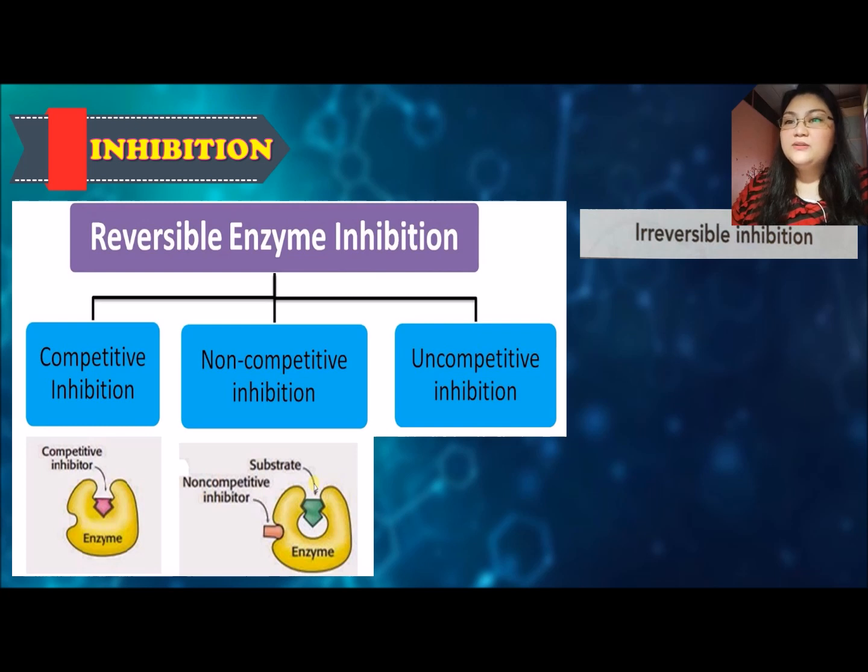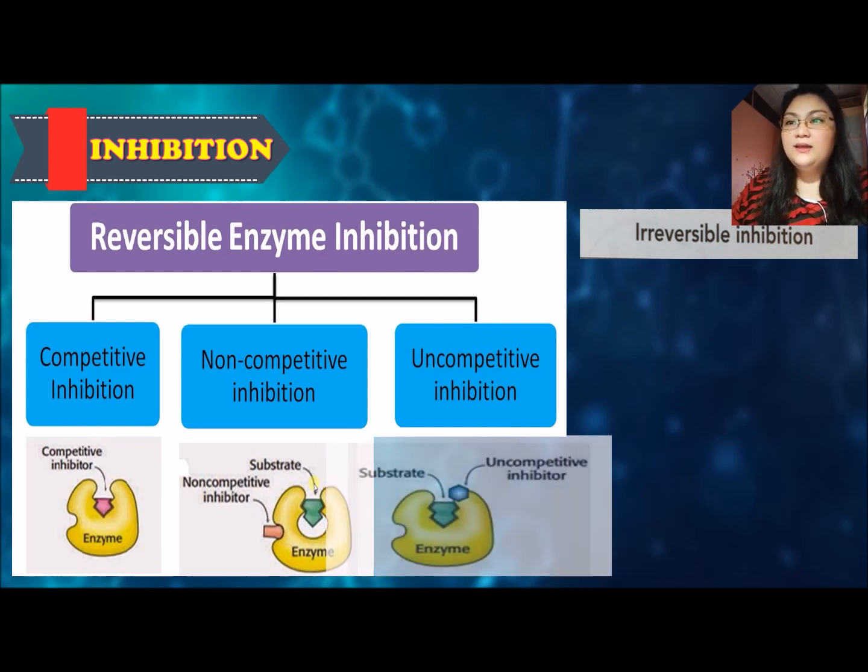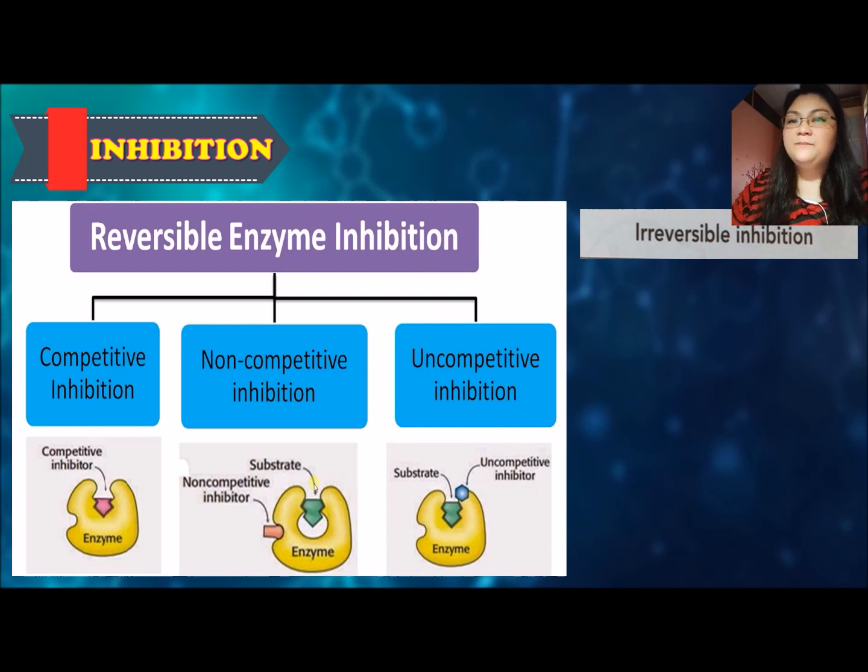A molecule binds to an enzyme somewhere other than the active site and reduces how effectively it works. And for the third one, uncompetitive inhibition, the inhibitor binds to the enzyme and substrate after they have bound to each other. The products leave the active site less easily and the reaction is slowed down.